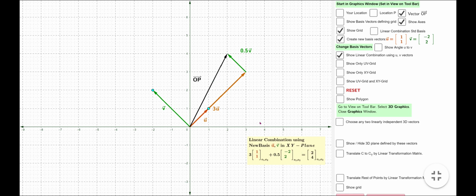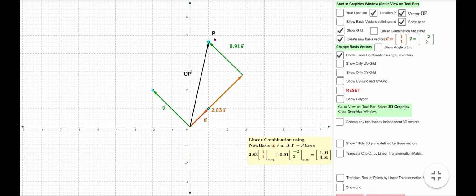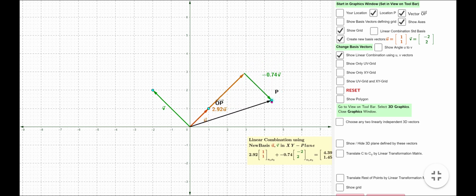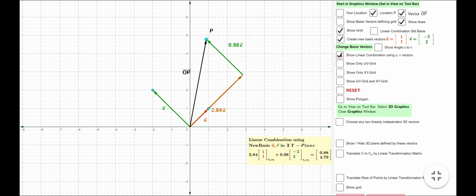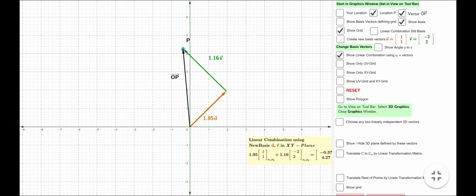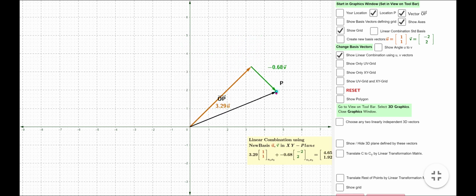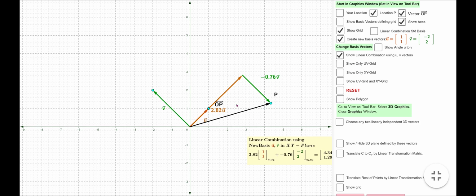And if you move this P around, any vector in the plane R2 you can express as a linear combination of u and v. So definitely the vectors u and v span, and it's not hard to check that u and v are also linearly independent.